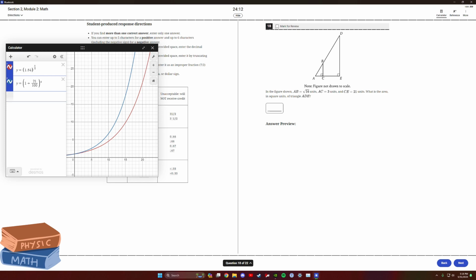What is the area? They gave us CE and they gave us AB. So we need the area. We need to find DE and we need to find AE. AC is 3, CE is 21, so 24 is the base. So 24 is our base. So, right, 1/2, our base is 24, so times 24, and our height is going to be DE.